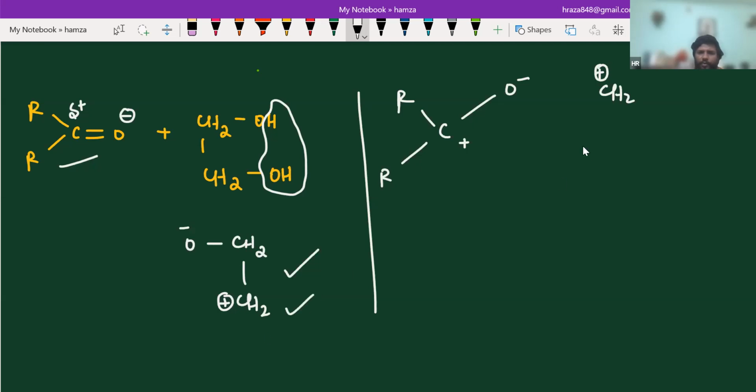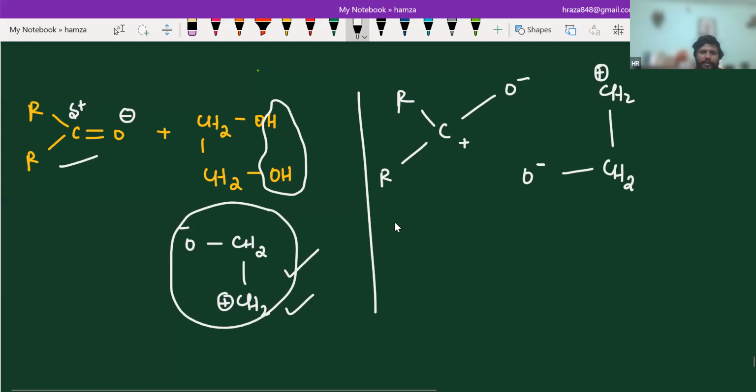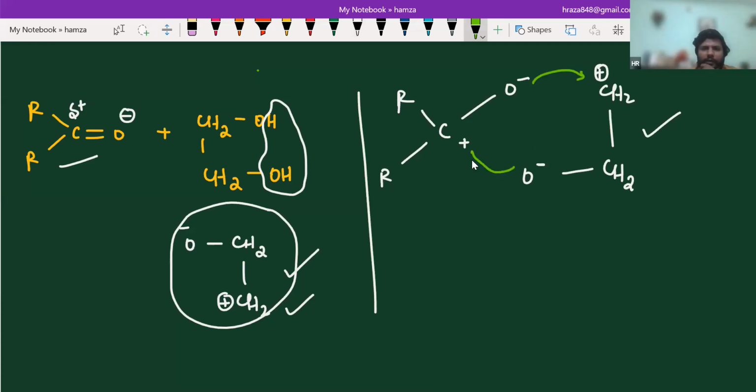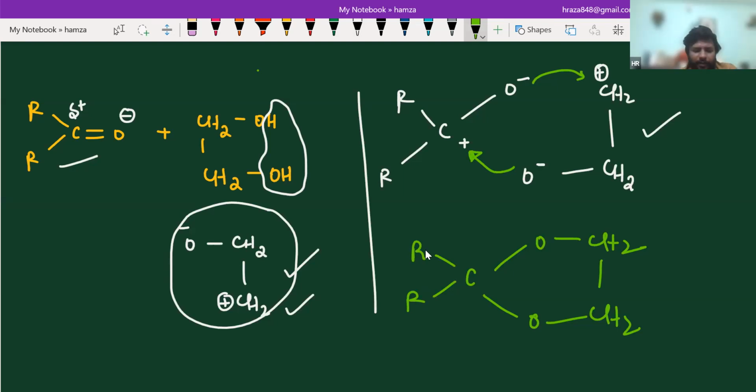I'm just writing it in opposite, and this will be CH2 O minus. Can I write this part like this? Yes or no? Yes, sir. Now negative will attack positive, negative will attack positive. So what will you get? O CH2 CH2, ethylene glycol cation.